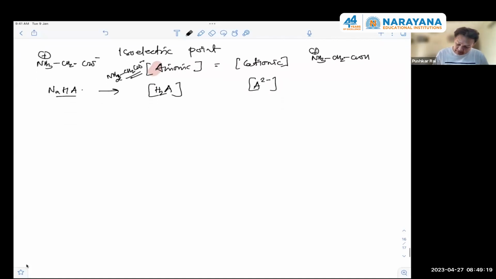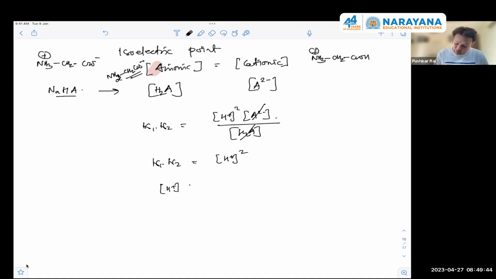The idea is that we very well know K1 into K2 is equal to the concentration of H plus whole square into A2 negative divided by H2A. So if A2 negative is exactly equal to H2A, then K1 into K2 is simply H plus whole square, which gives us that H plus at this point should be equal to under root of K1 K2.